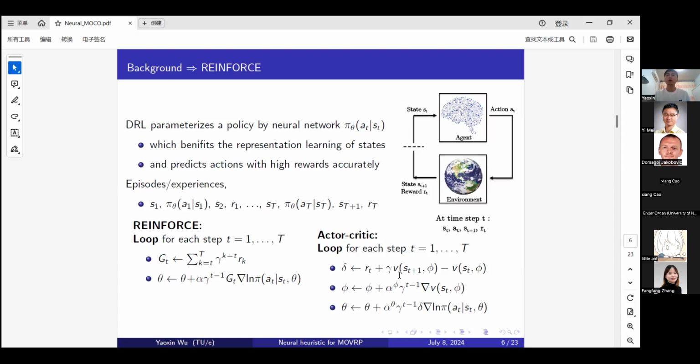This value network is used to estimate the total future reward. So the V here means value neural network, and we can use this estimated future total reward to update the policy network, the neural network used by agent Pi.